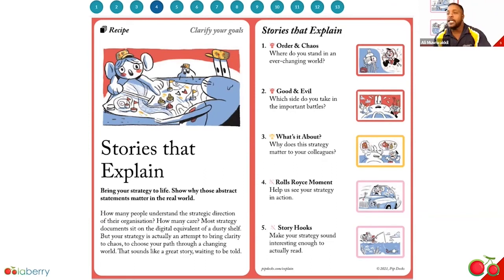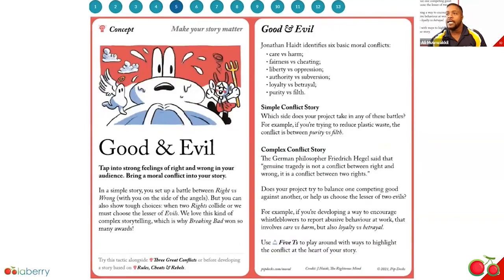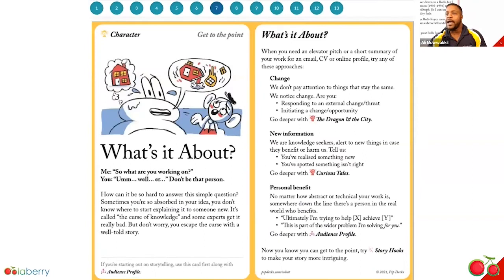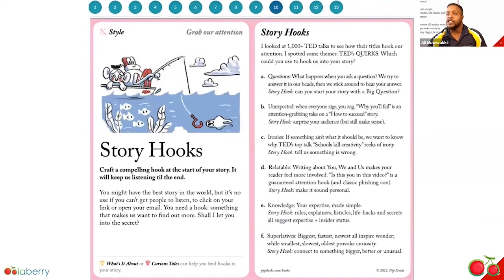But when you put these cards together, it will help you create a story that explains something very well in a good story. So I'm gonna show you the next 5 slides so you can see order and chaos, good and evil, what's it about, Rolls-Royce moment, and story hooks. Those are my next slides.